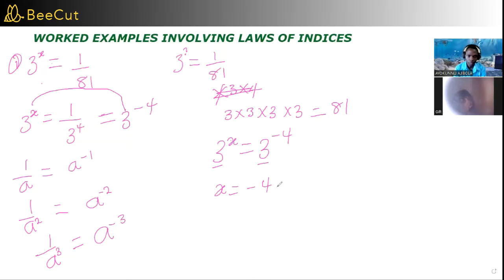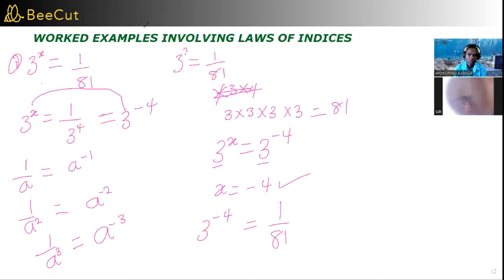Therefore, this is my answer, but if I want to check, I'll just put it back here and say 3 raised to power -4 will give me 1 over 81. Yes, you can always convert it back. But this is the answer. So if you want to convert it back from 3 raised to minus 4 to give you 1 over 81, I'm just going to introduce a 1 here so that it will be 1 all over 3 raised to power 4, and that is the answer.